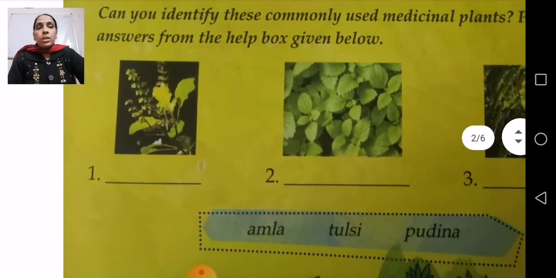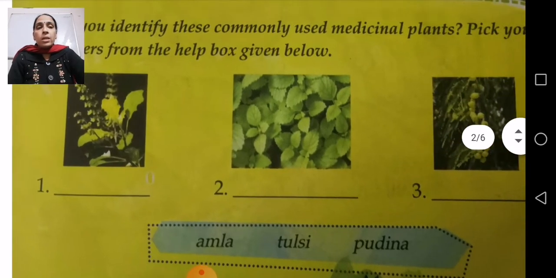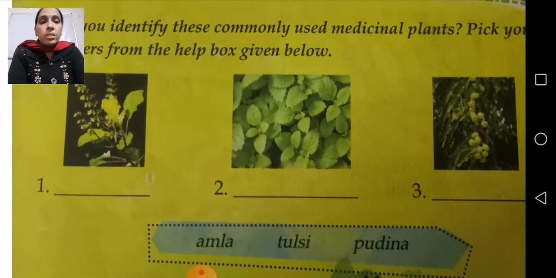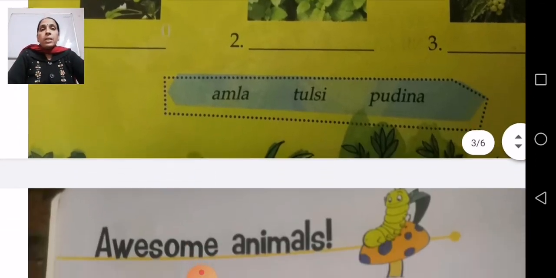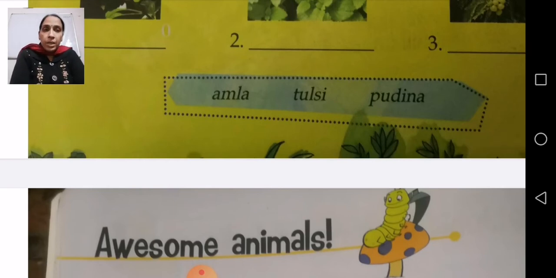Fine. So pudina, and then last but not the least, amla. The amla tree also you will make separately, and that tree can be printed out.